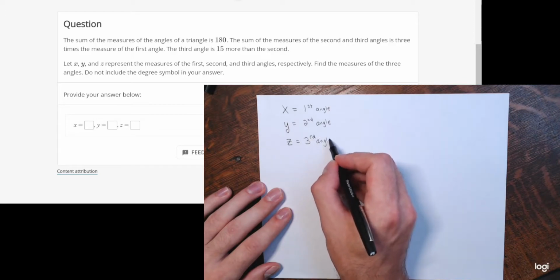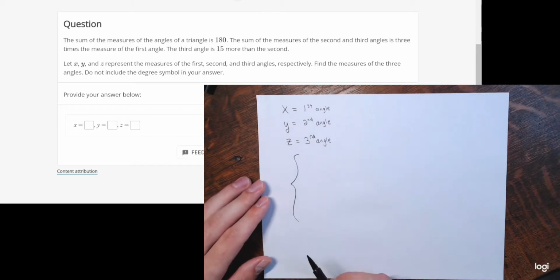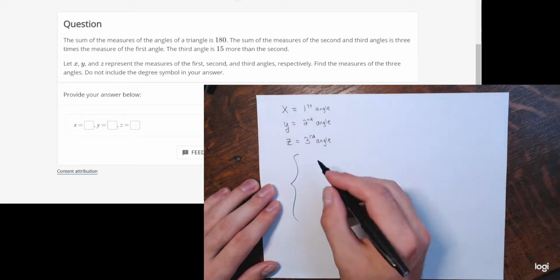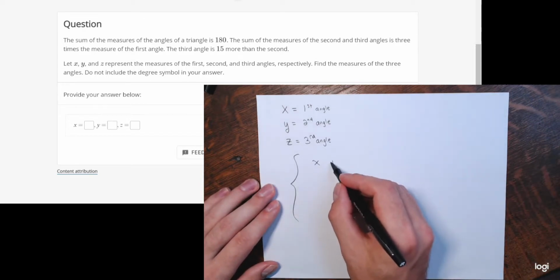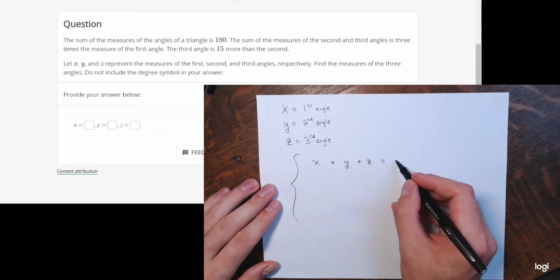Right? And then we go back through and set up our system. The first sentence, again, the sum of the measures of the 3 angles is 180, so x plus y plus z equals 180, right? Same as last time.